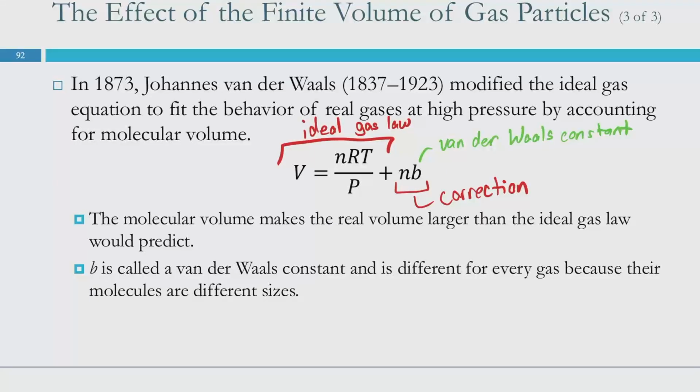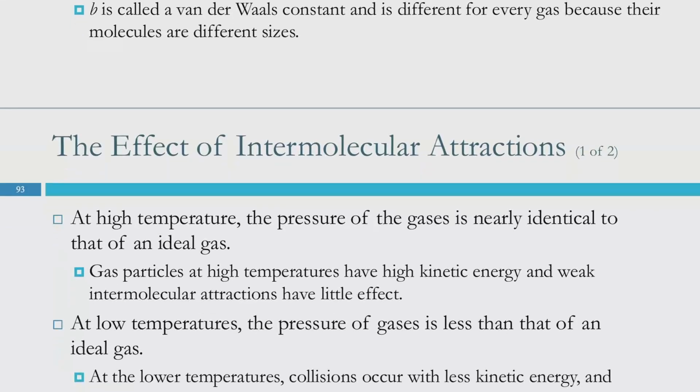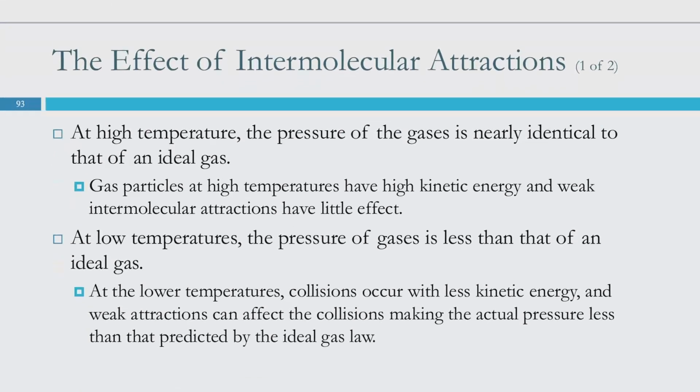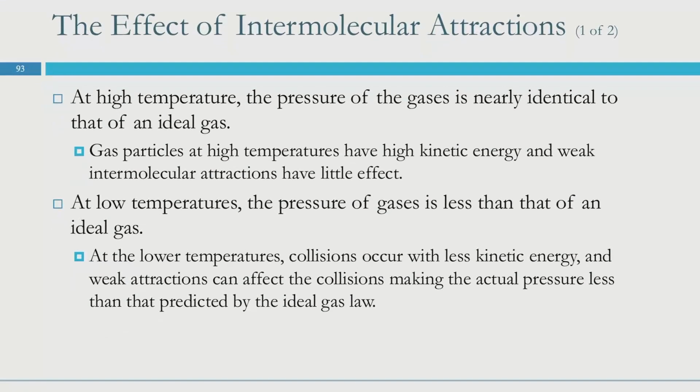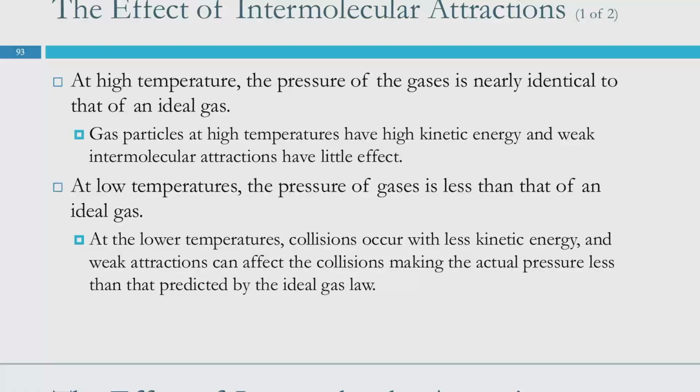b is not the only van der Waals constant. There's another force that comes into play. If we're at relatively high temperature, the pressure of the gas is nearly identical to that of an ideal gas. There's no pressure deviation or difference. This is because we've got high kinetic energy at high temperature.